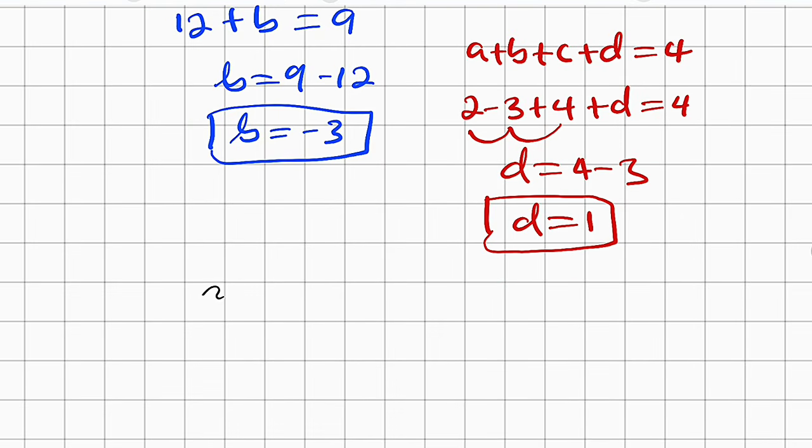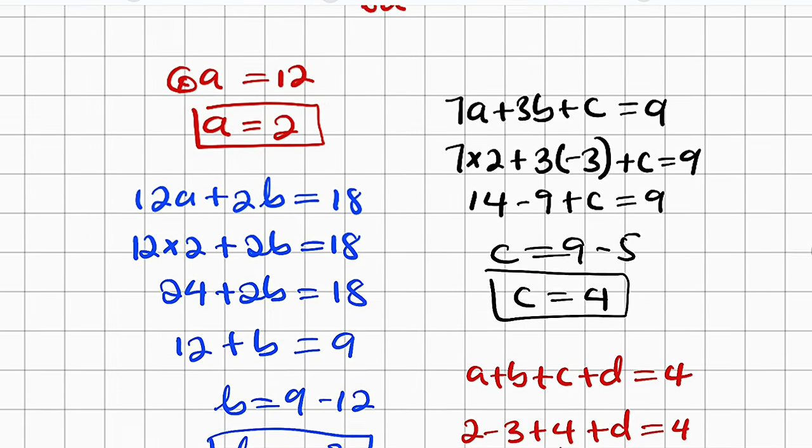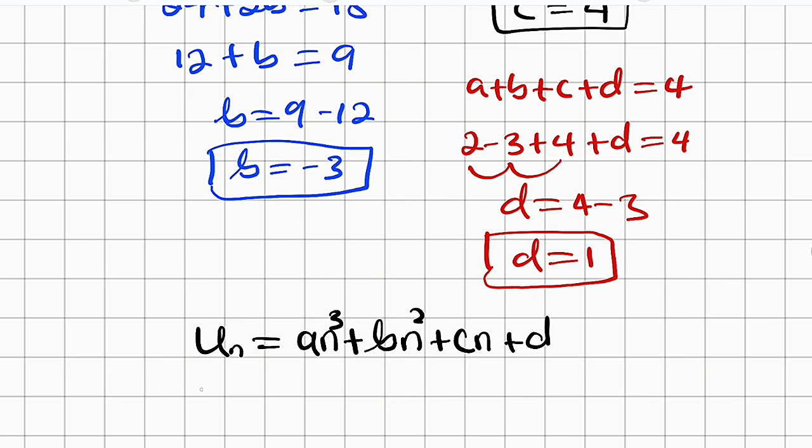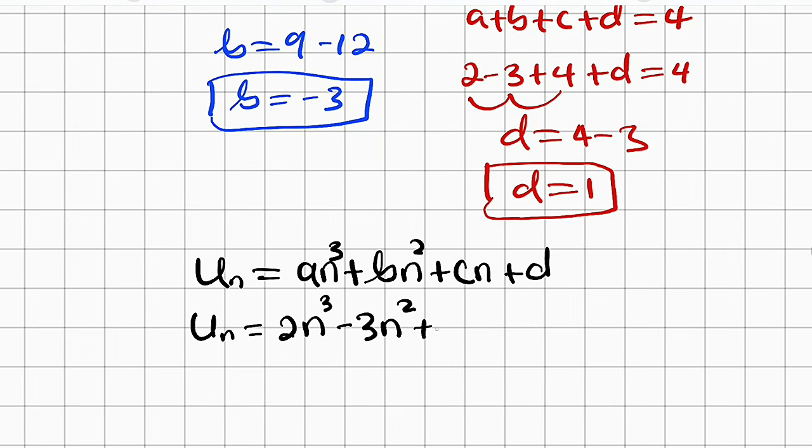Remember our expression, Un is equal to an to the third power plus bn squared plus cn plus d, right? So what is a? a is 2, remember. So Un is equal to 2n to the third power. b is minus 3, so we have minus 3n squared. What is c? c is 4, plus 4n, and d is 1.